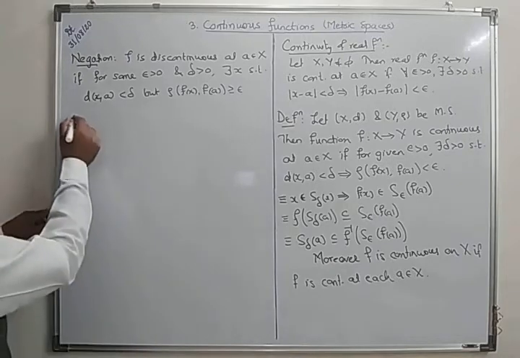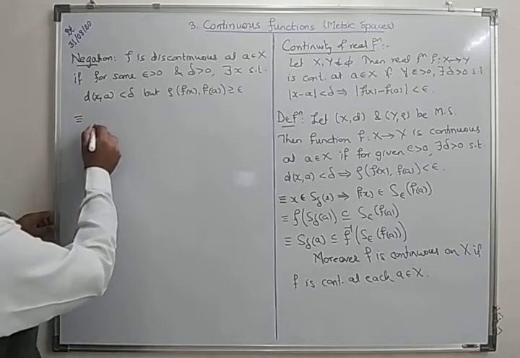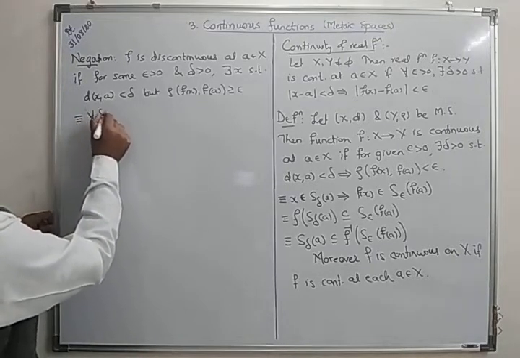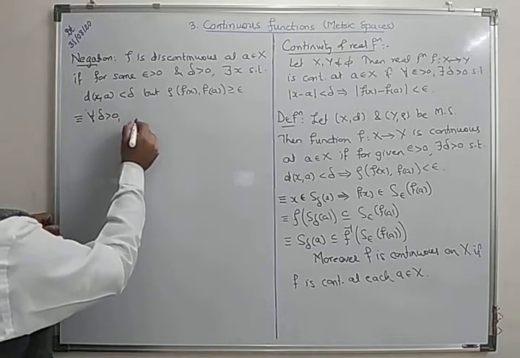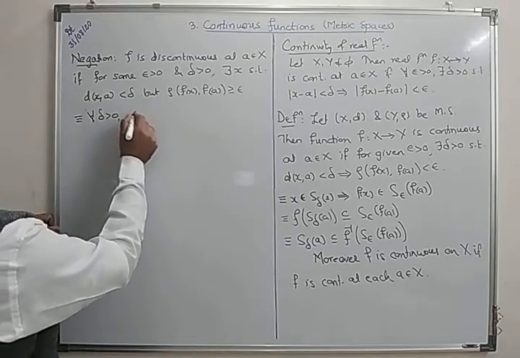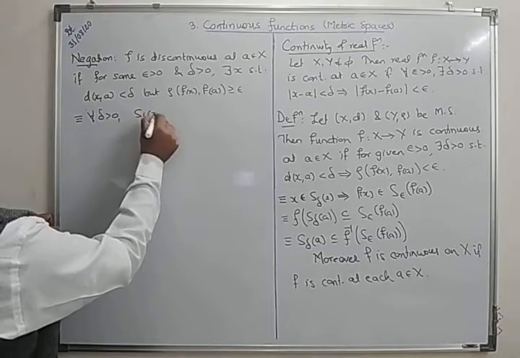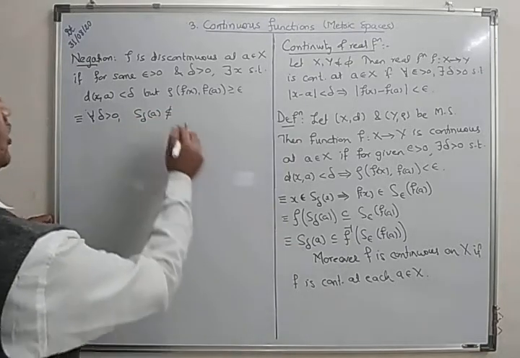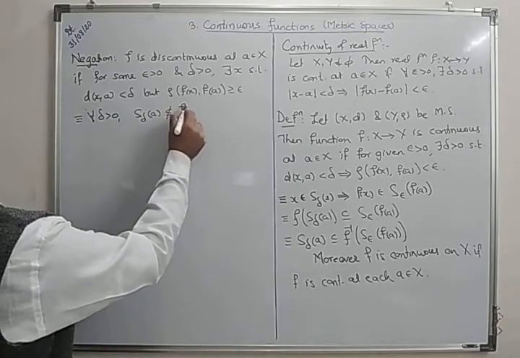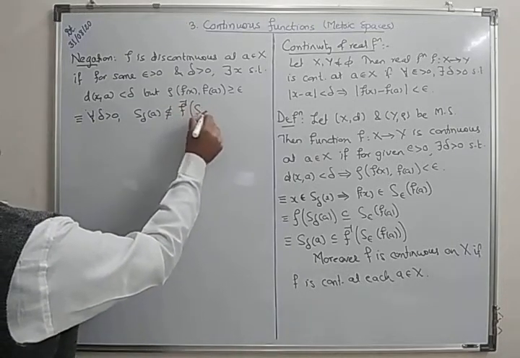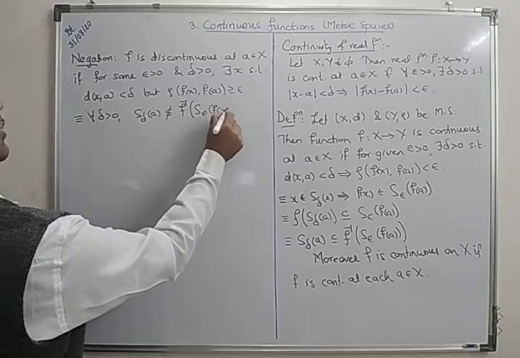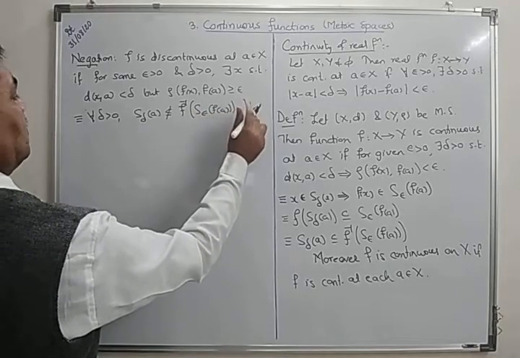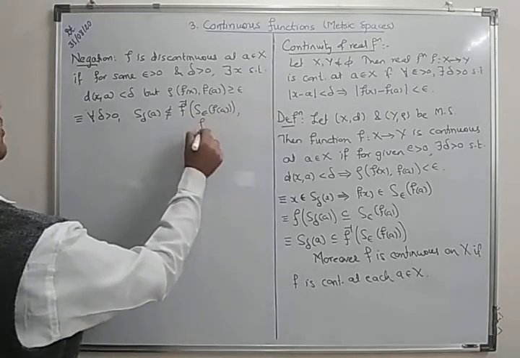This is equivalent to: for any delta greater than 0, S delta of A is not a subset of f inverse of S epsilon of f of A, for some epsilon greater than 0.